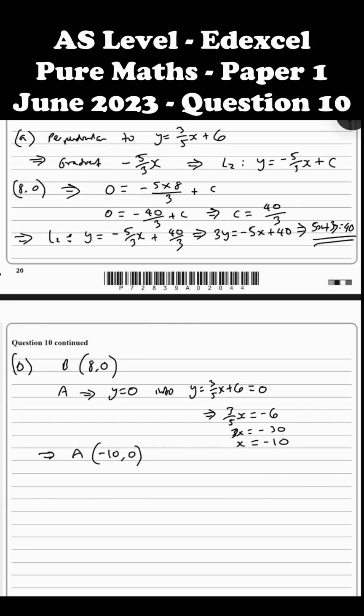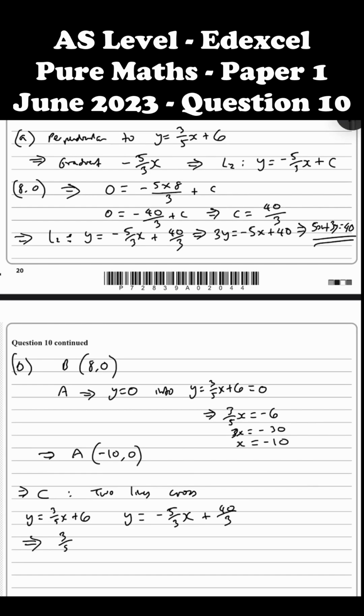And then for point C, this is going to be where the two lines cross, so when x and y are on both lines. So what I'm going to do is make them equal each other. So we have y equals 3/5 x plus 6, and we have y equals minus 5/3 x plus 40 over 3 from earlier.